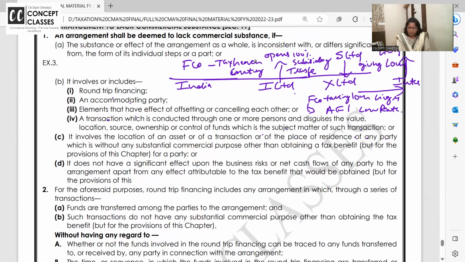Or it involves location of asset or of a transaction or place of residence of any party which is without any substantial commercial purpose other than obtaining tax benefit.